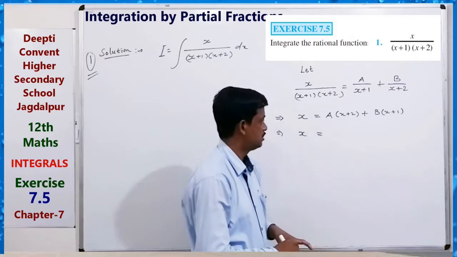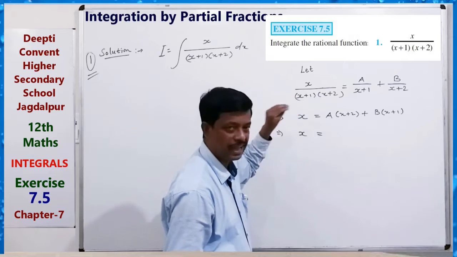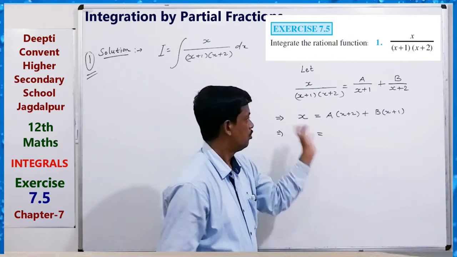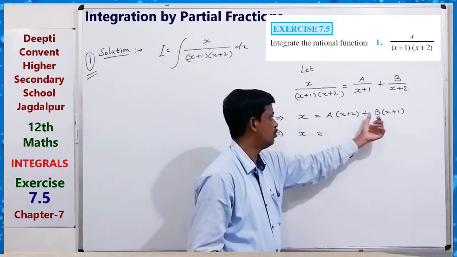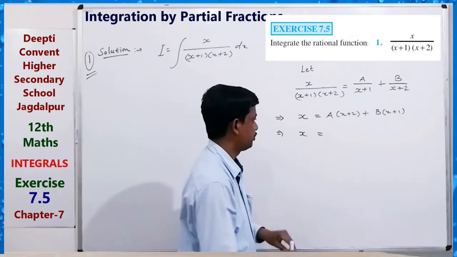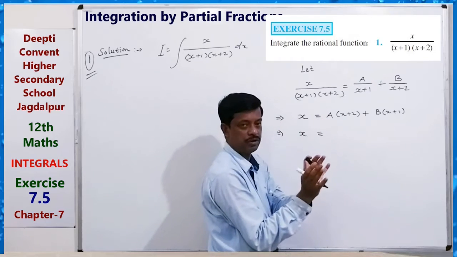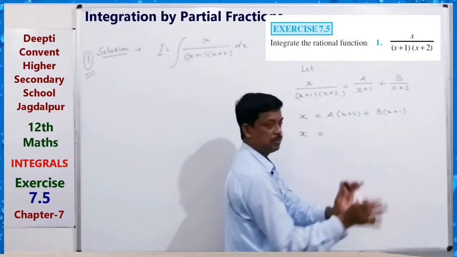There are two methods. By putting values of x, some value like 0, 1, 2, on both sides, we can get the values of A and B. Or we can treat the left side as a polynomial of some degree and the right side as a polynomial of some degree.